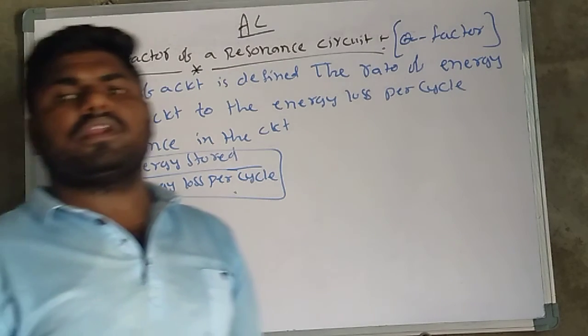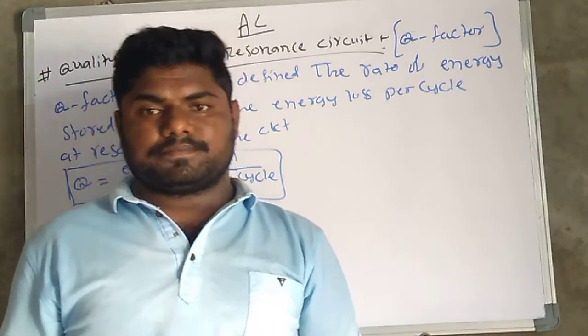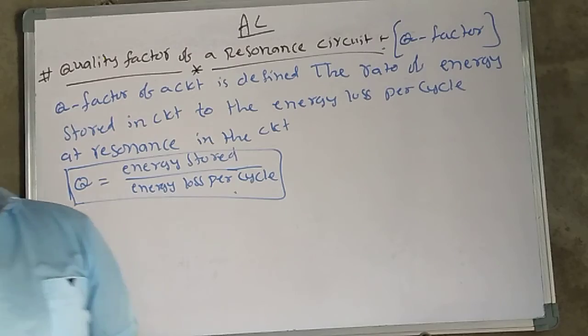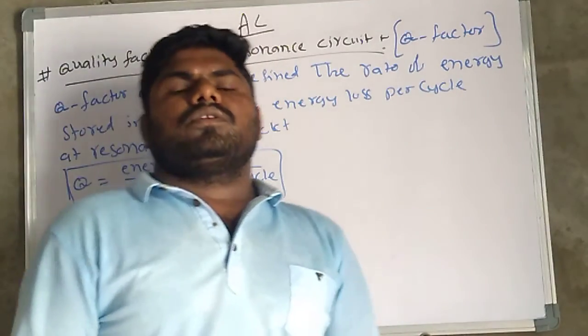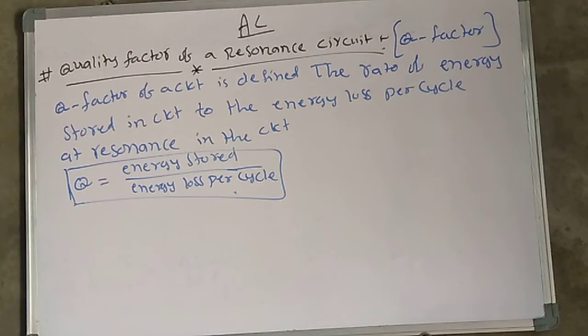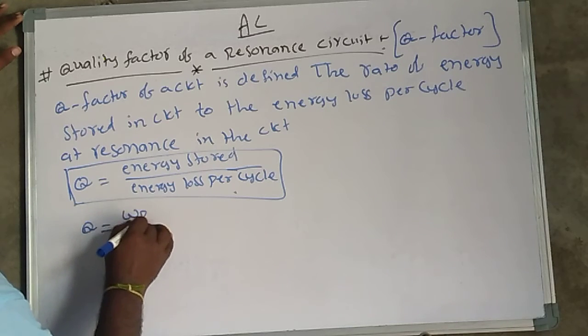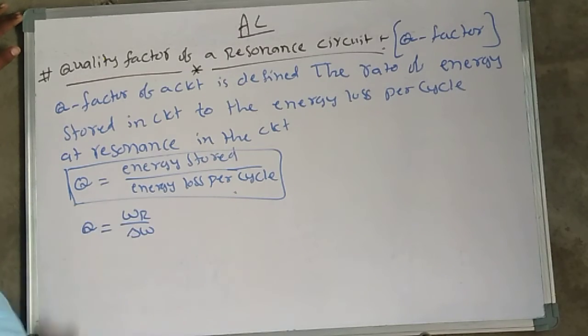In terms of resonating frequency and bandwidth of the circuit, it is defined as Q is equal to omega r divided by the change in omega.